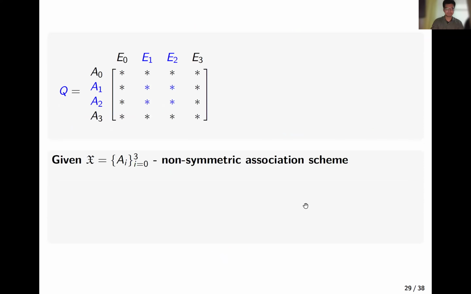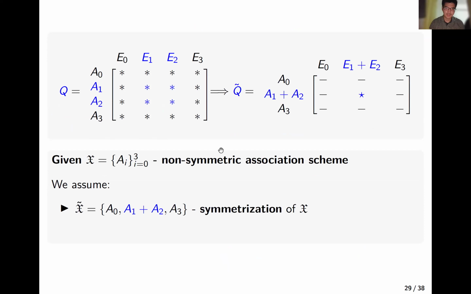Moving forward, this is just to fix our notation. When we have a non-symmetric association scheme, we're just going to assume that A1 and A2 are the ones that will be paired together when we symmetrize. And in fact, when we have a 3-class non-symmetric scheme, 2 of the idempotents will also add together in the symmetrization.